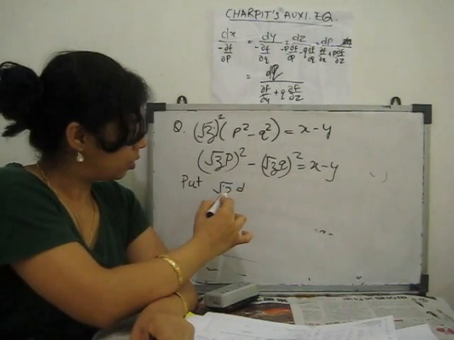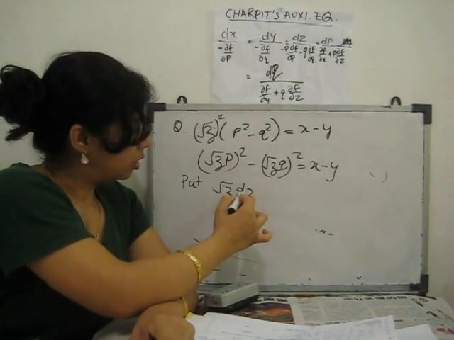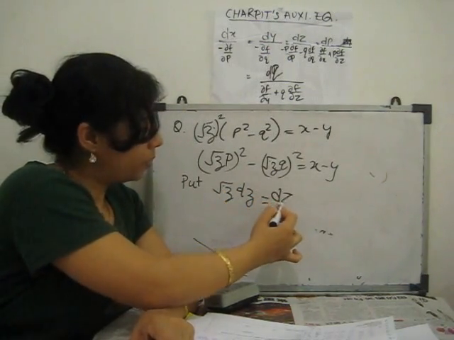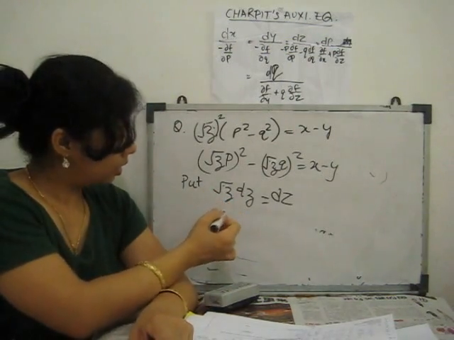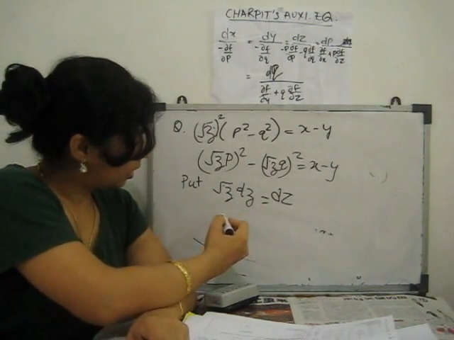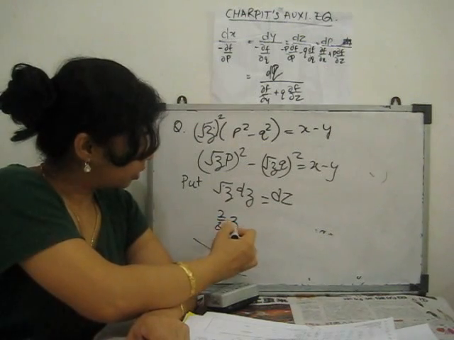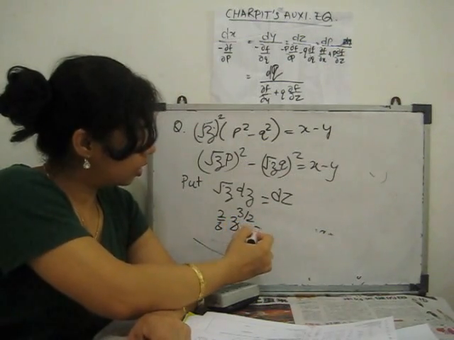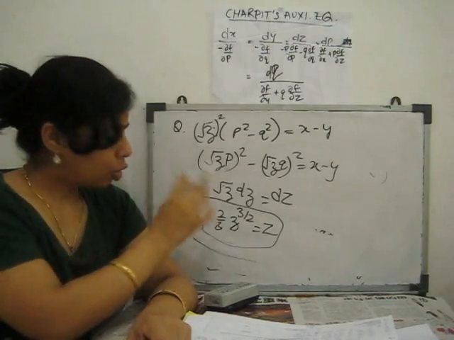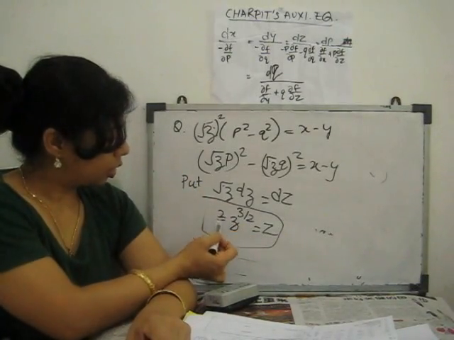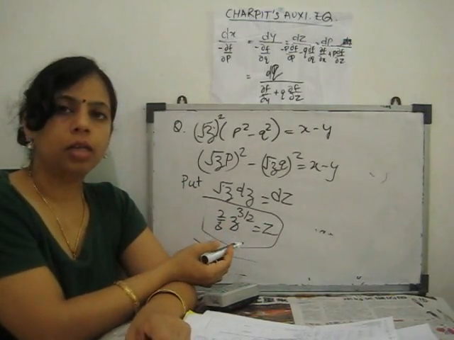I just change the notation: square root of z dz equal to capital dZ. Clear? So what is our Z? When we integrate it, 2 by 3 of z to the power 3 by 2 is capital Z. Clear? Integrate it. So our substitution, capital Z is equal to 2 by 3 z to the power 3 by 2.